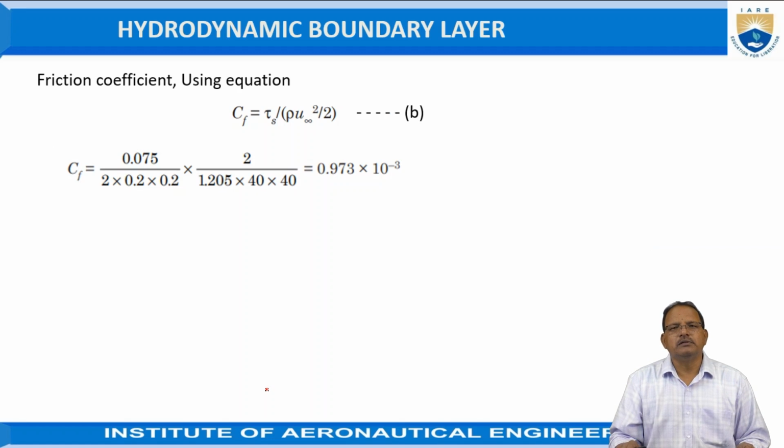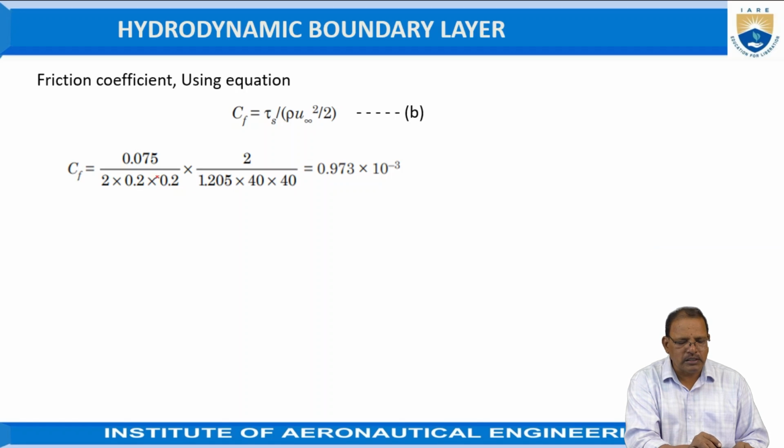The friction coefficient is obtained using the relation Cf = tau_s divided by (rho u_infinity squared divided by 2). From this relation, tau_s, the friction stress, is 0.075 divided by 2, because it is both sides, divided by 0.2 into 0.2.